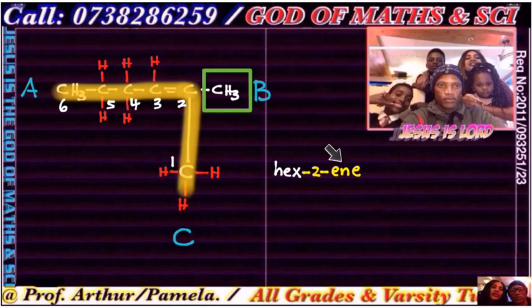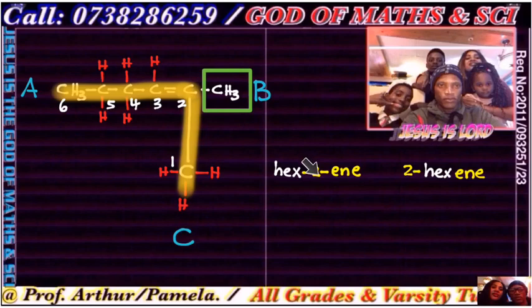Another way of writing it: some of you write hex, then the ene, and then the number referring to the bond you write at the back here. Either one is the same.